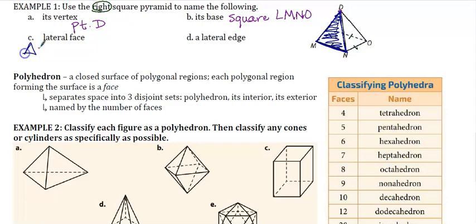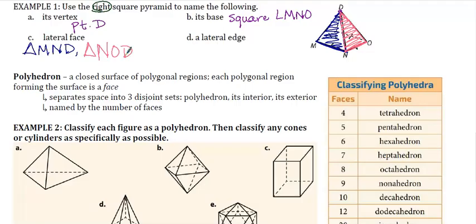So triangle M, N, D. Then I also have a lateral face over here. It's a triangle as well. I'm going to name it N, O, D. Triangle N, O, D.